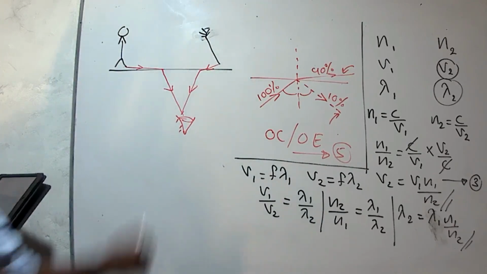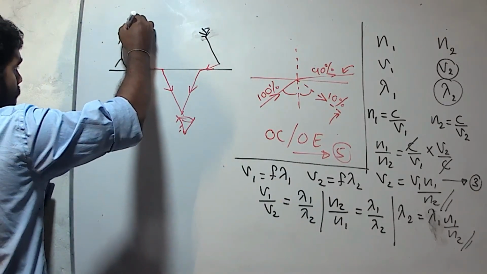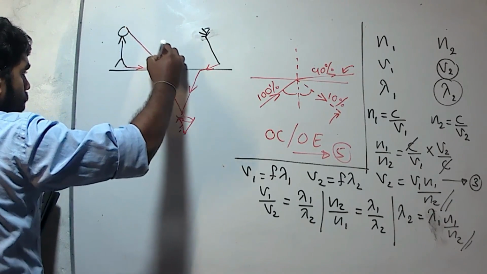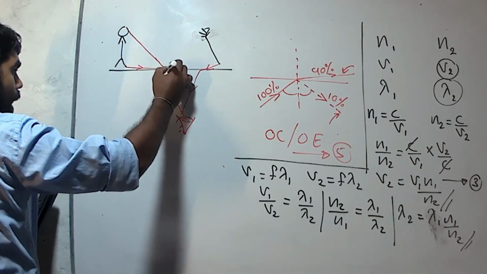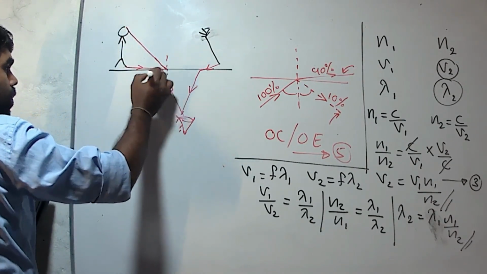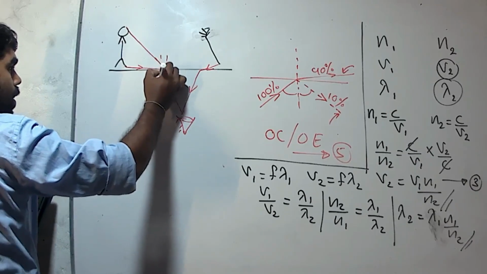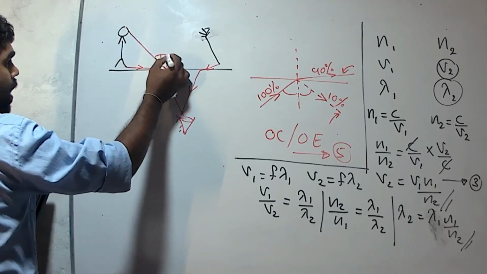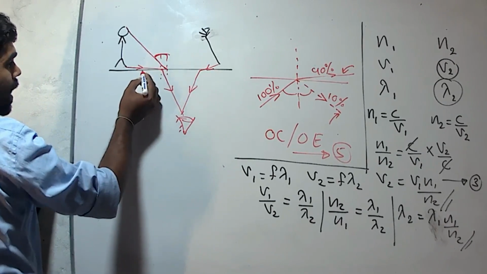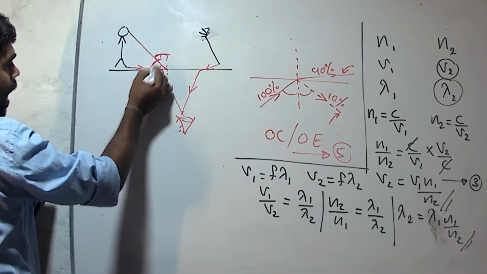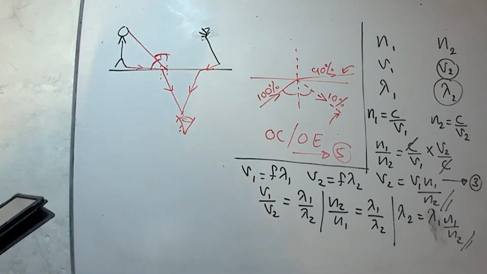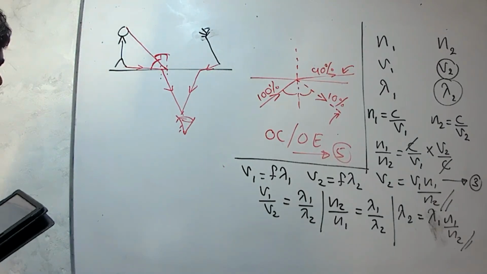Then I will consider a light ray coming from the head of the man. We know that this incident angle should be less than the incident angle of the ray from the leg.